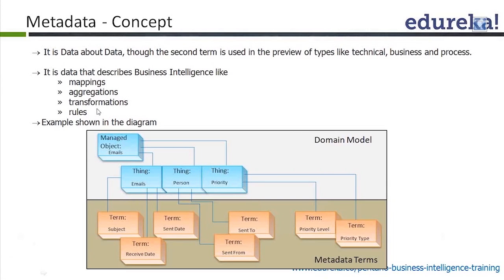It ties together your technical information with business information and process information. It is data that describes business intelligence like mappings, aggregations, transformations, and rules. There can be great complexities depending on your requirement, especially, I think Prashant is from the telecom domain, and telecom has very complex processes.